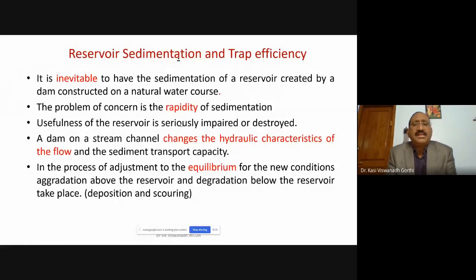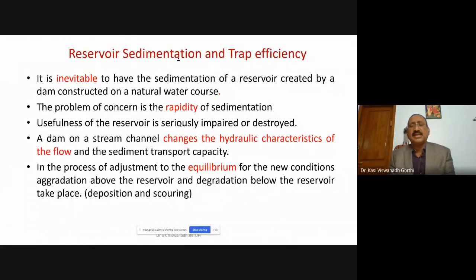A dam on a stream channel changes the hydraulic characteristics of the flow and the sediment transport capacity. In the process of adjustment to the equilibrium for the flow conditions, aggradation and degradation both will be taking place. So why should it get to equilibrium? Because there is a river and the flow is taking place. It's a natural process, and there is an obstruction in the form of a dam.